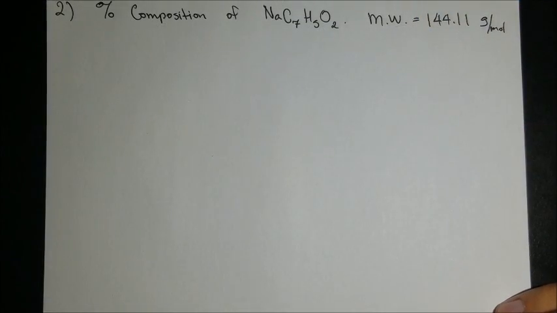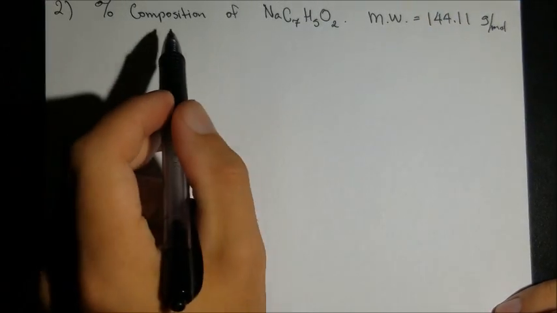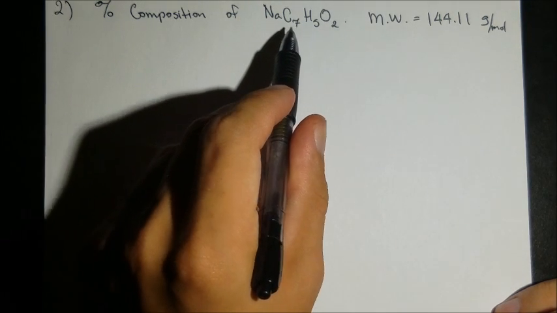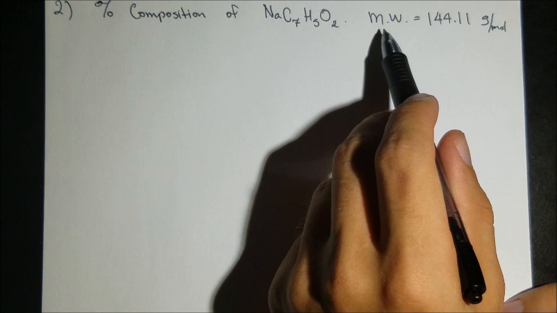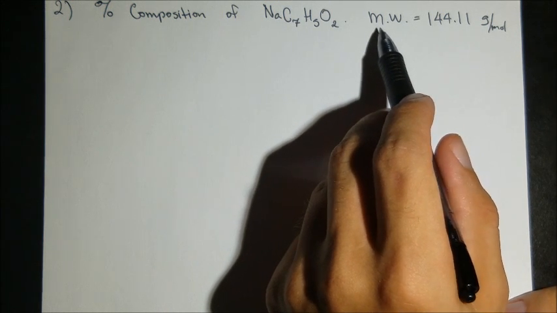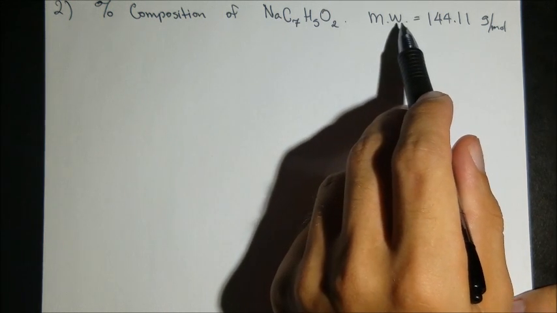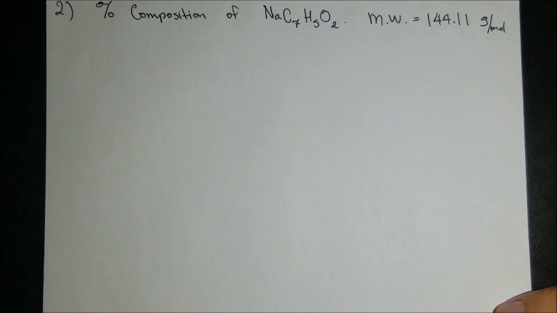Okay, for number 2, I'm being asked to determine the percent composition of a molecule called sodium benzoate. That's this molecule here. And I went ahead and looked up on the periodic table and found that the molecular weight of this molecule is 144.11 grams per mole. This problem is exactly like all the other percent composition problems we've done. There's absolutely no difference.